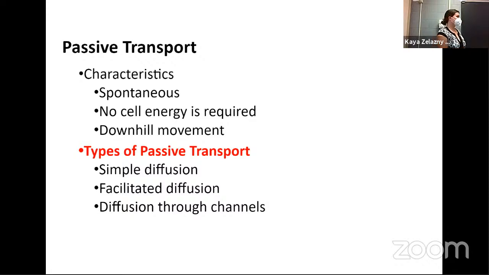As we talk about physiology, we are going to categorize different types of passive transport. So all of these types are going to be down our gradients. They're all going to be moving us towards equilibrium. But what we're going to see separates them is how they're moving towards equilibrium. So when I say how, I basically mean how are they crossing our membrane.